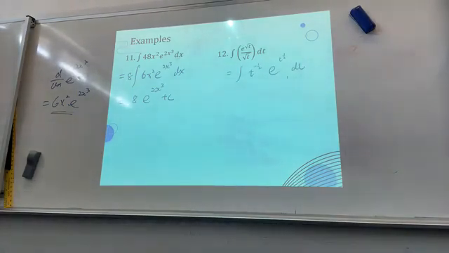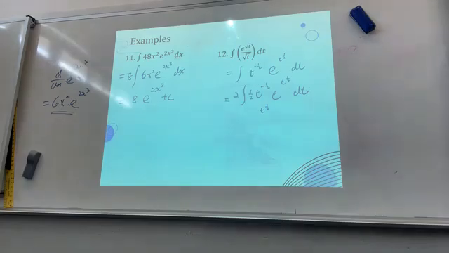What I've done is written it this way: t to the power of minus half, e to the power of t to the power of half. If you write it in terms of power, it makes so much sense rather than in terms of radicals. I don't tend to use radicals.